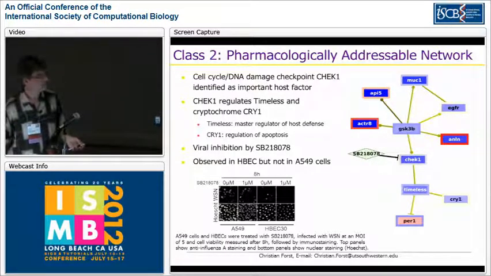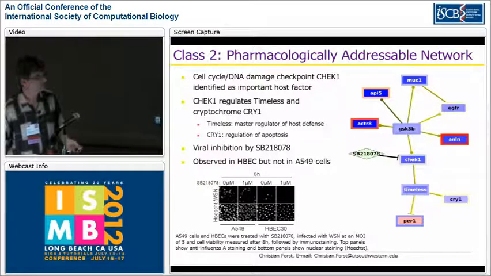And that's what you see here. The top row shows anti-influenza staining, and the bottom is just a regular Hoechst nuclear staining, which just stains the host cells.